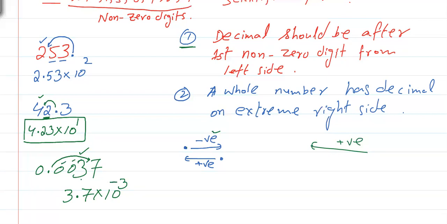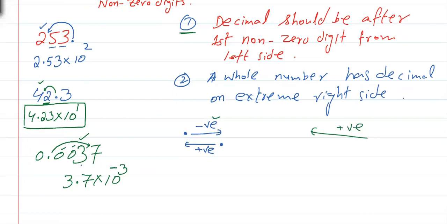Let's take another example here. Okay, the example is, let me open a new page. I have 410.2.